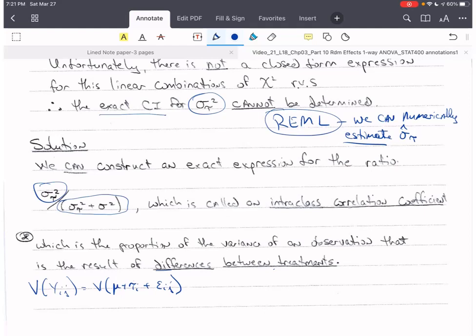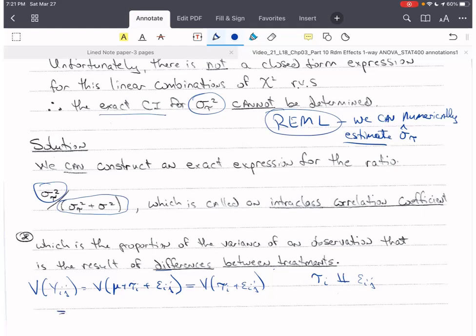And mu is a constant, and so this is going to be simply the variance of tau i plus epsilon ij, because the variance of a constant is always 0. Now remember that tau i's here are random variables, and also that tau i is independent of epsilon ij for all i and for all j.